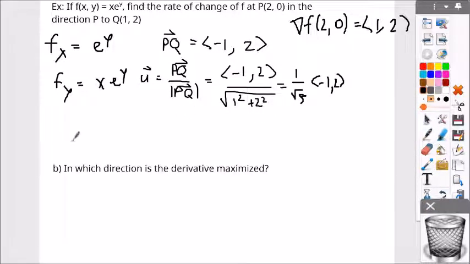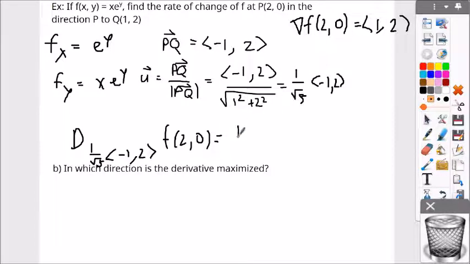So finally, the derivative in the direction of 1 over square root 5 times (-1, 2) of f(x, y), so f at (2, 0), is equal to 1 over square root of 5 times (-1, 2) dot product with (1, 2), which will get you what?